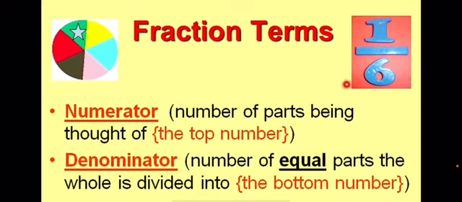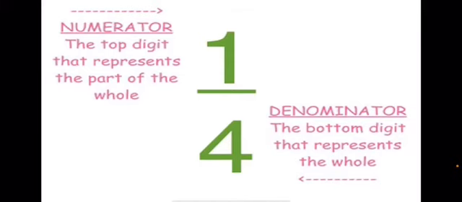So always remember that the denominator is always said in ordinal numbers, like this is 1/6. Numerator, the top digit, represents the part of the whole, and denominator, the bottom, represents the whole. So 1 by 4, or 1/4 or quarter.